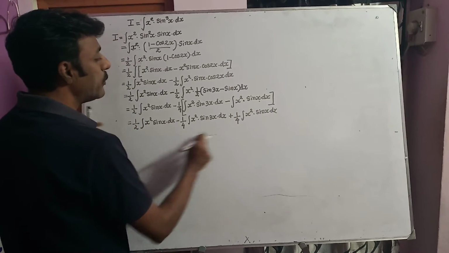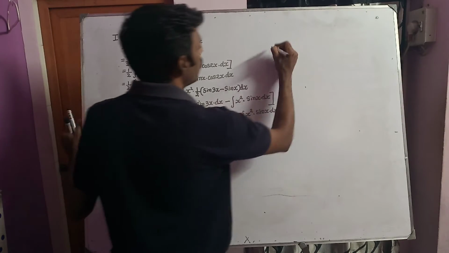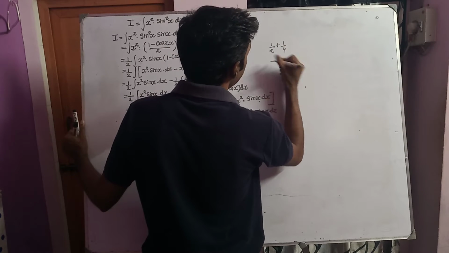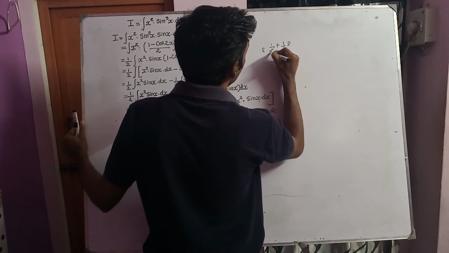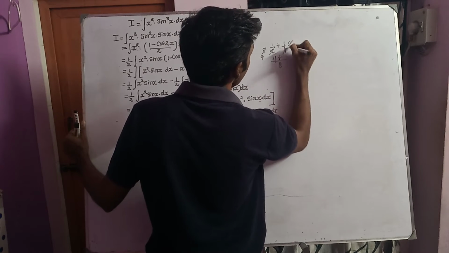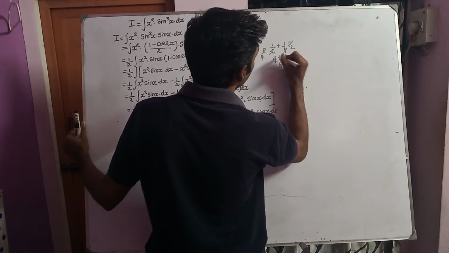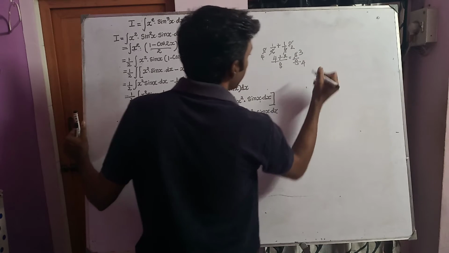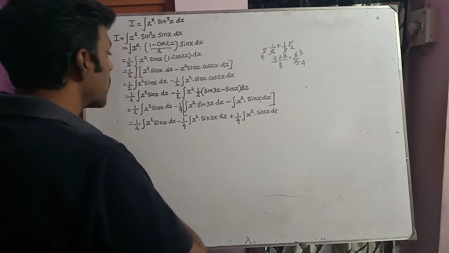If I combine both the terms, 1 by 2 plus 1 by 4 will be 2 by 4 plus 1 by 4, which is 3 by 4.